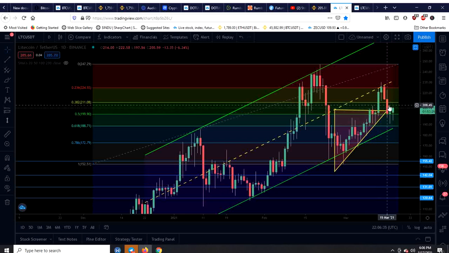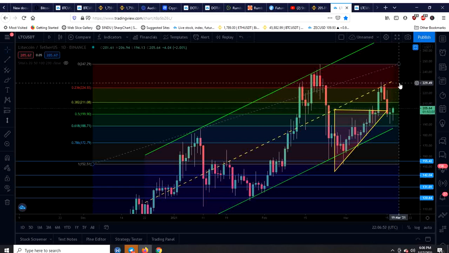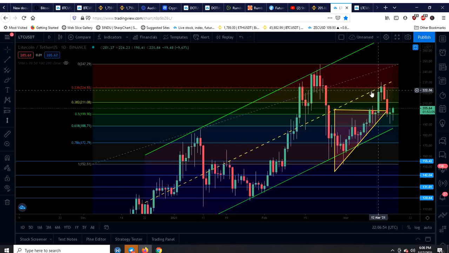But more importantly, guys, in case anybody doesn't notice, on the daily time frame, the ascending parallel channel we talked about. Okay, now we want to get through this 0.382 and work our way back up to the 0.236, 225, which is basically where we were from this initial move.